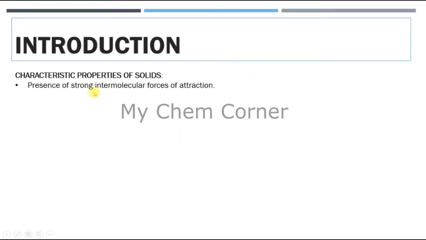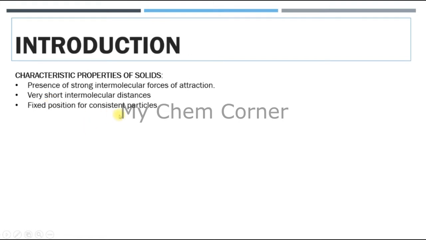The main reason for this is that they have a strong intermolecular force of attraction. When you have strong intermolecular forces of attraction, which means they are very close to each other, they have a very short intermolecular distance. Basically, when you take two different atoms in the same solid, the space in between them, or the intermolecular distance, is very short.